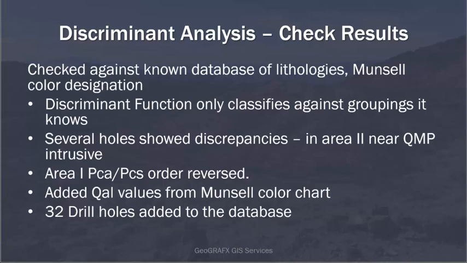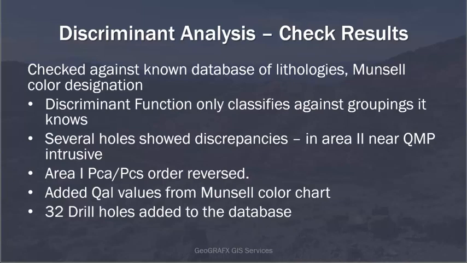Hole 31 in Area 2 was near a quartz monzonite porphyry intrusive, and the pulp was a relatively light gray in color, so I'm thinking those values could be from the intrusive. In Area 1, PCA and PCS order were reversed in the drill holes.